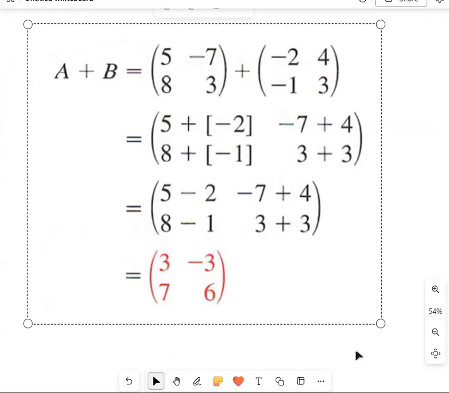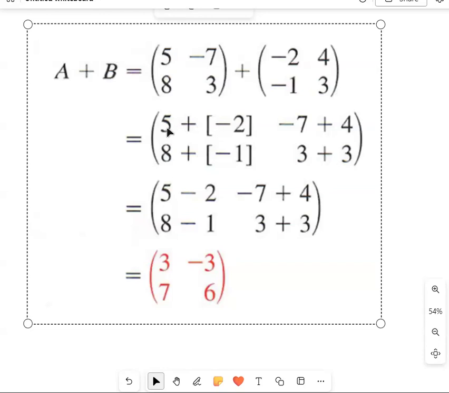Right, so matrix A and matrix B. A is that first one, B is the second one. So you add corresponding elements. So you add 5 and minus 2, minus 7 and 4. That's what you see happening. 5 and this 4. 8 and this minus 1. 3 and 3.